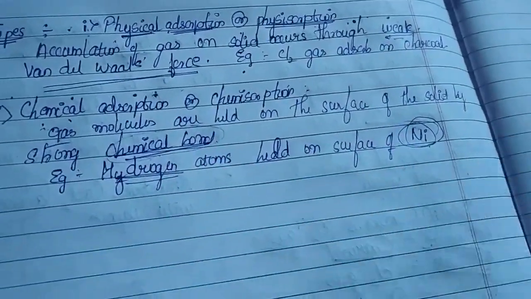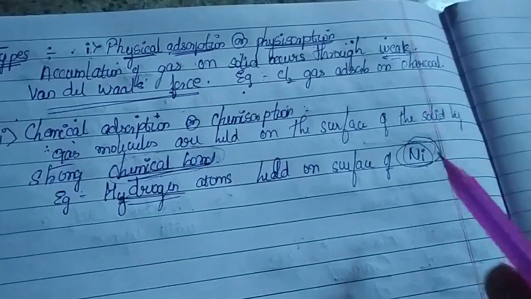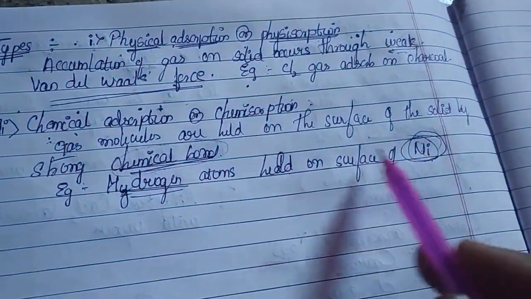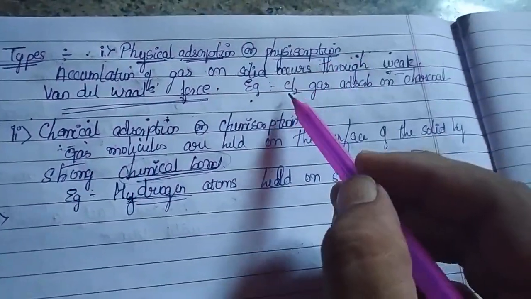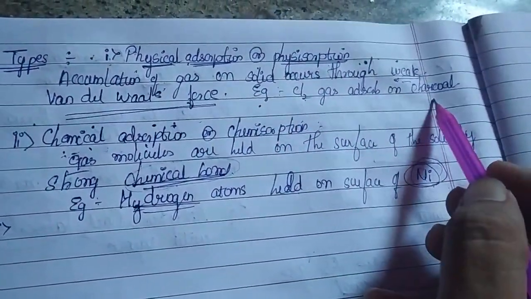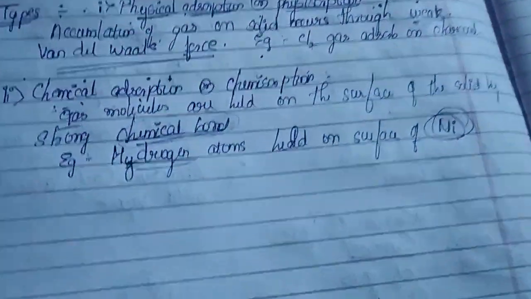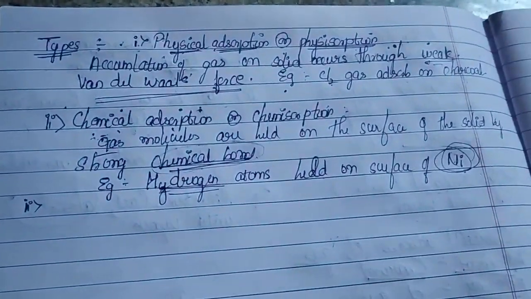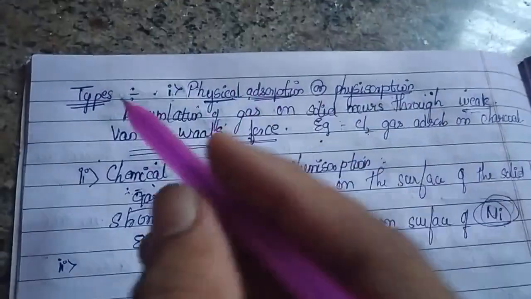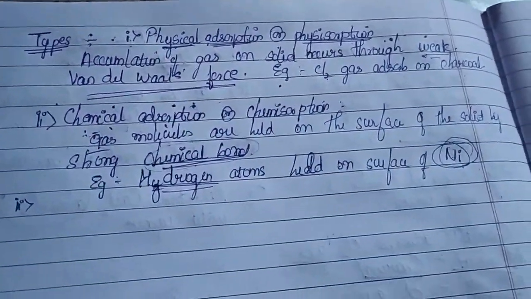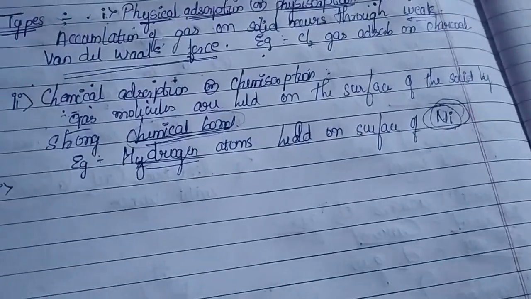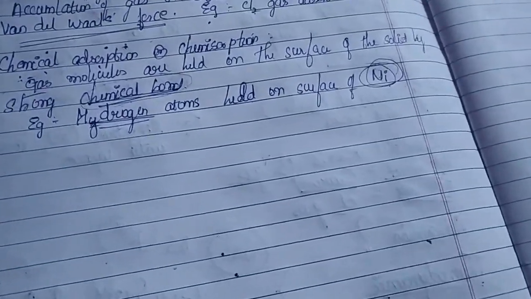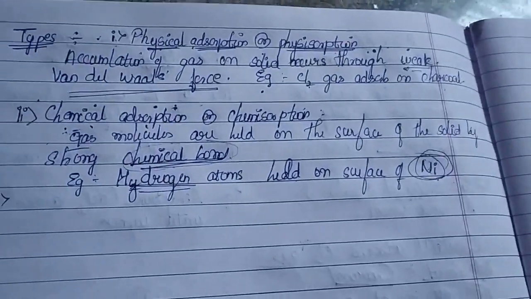Once they get fixed, it is very hard to break. So hydrogen atoms adsorbed on nickel is a form of chemical adsorption. Other way, chlorine gas adsorbed on charcoal is an example of physical adsorption. In both types, the main distinguishing factor is what type of bonding exists between the adsorbate and the adsorbent.